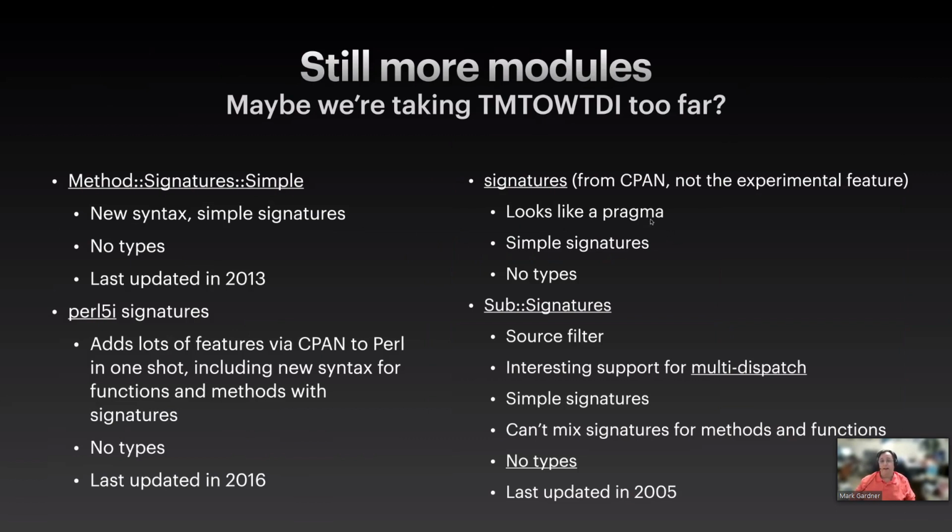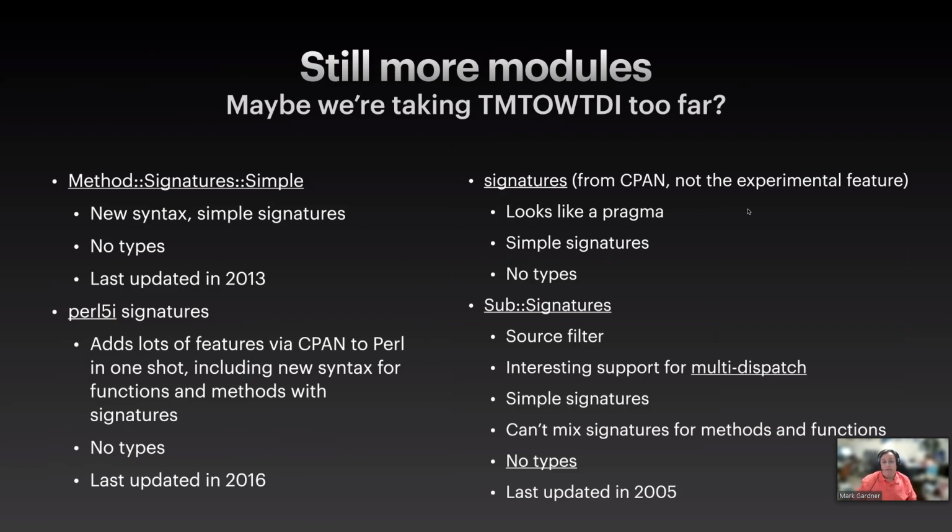You've got the signatures pragma. It's on CPAN. It's not the experimental feature, even though it's in lowercase. It looks like a pragma. So if you want your modules to look like pragmas, here you go. It supports simple signatures, kind of like experimental signatures does, and just like experimental signatures, no type validation.